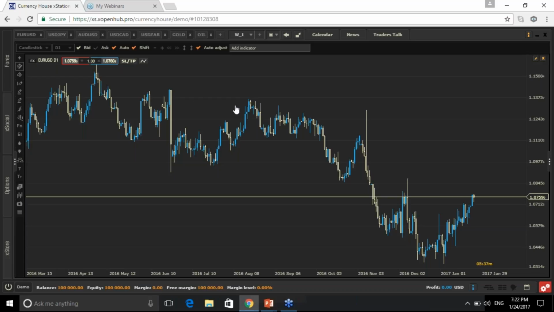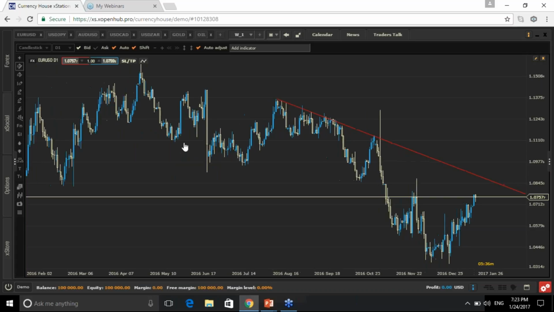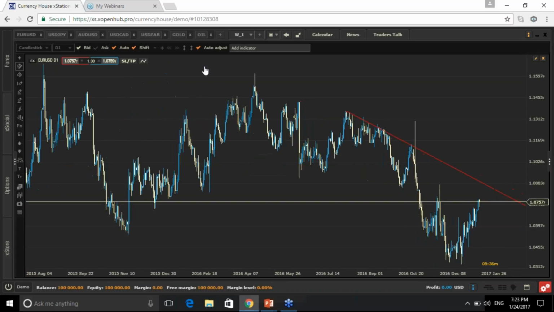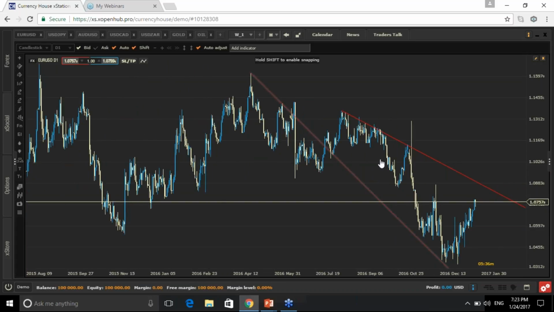So coming back again to the drawing lines, let me delete it just not to confuse. Let's just try to draw some kind of a resistance line for this downtrend. You can see one is here. We can draw another line which will be also important.